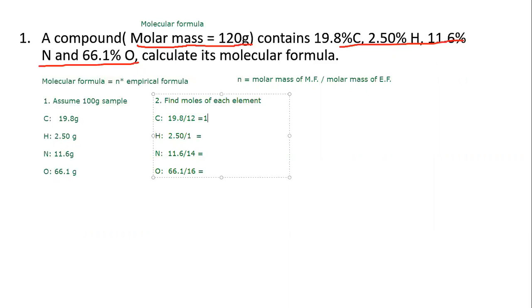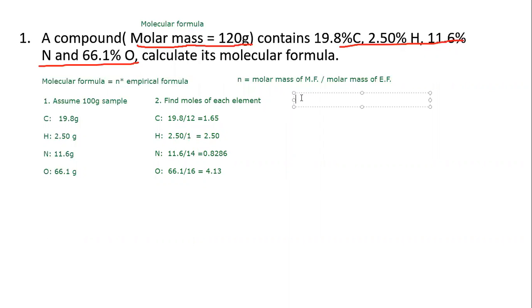We get 1.65, 2.5, 0.8286, and 4.13. So now we have the moles of each element.